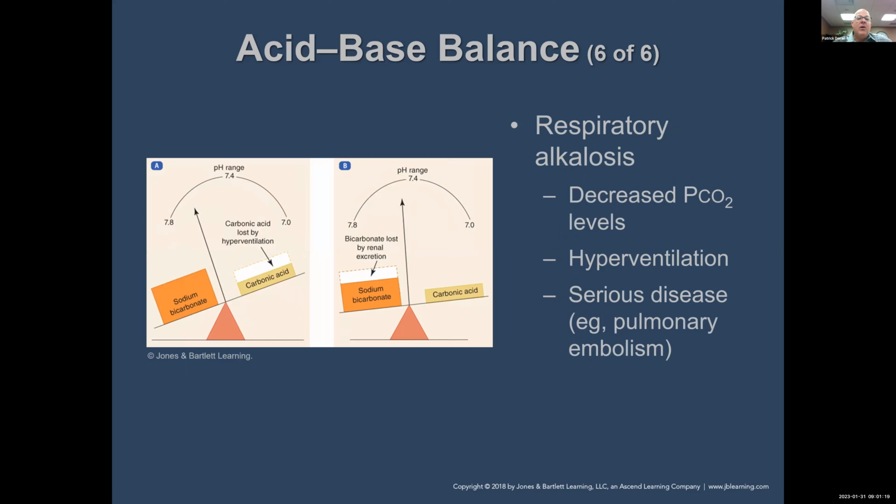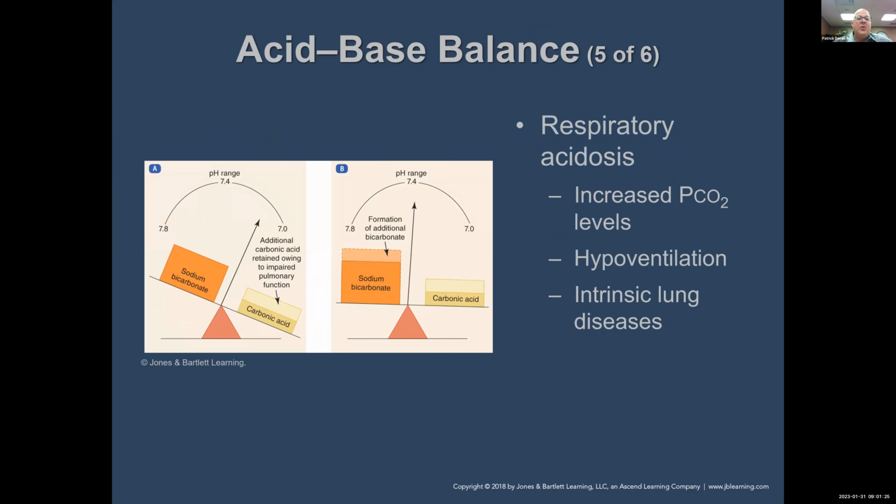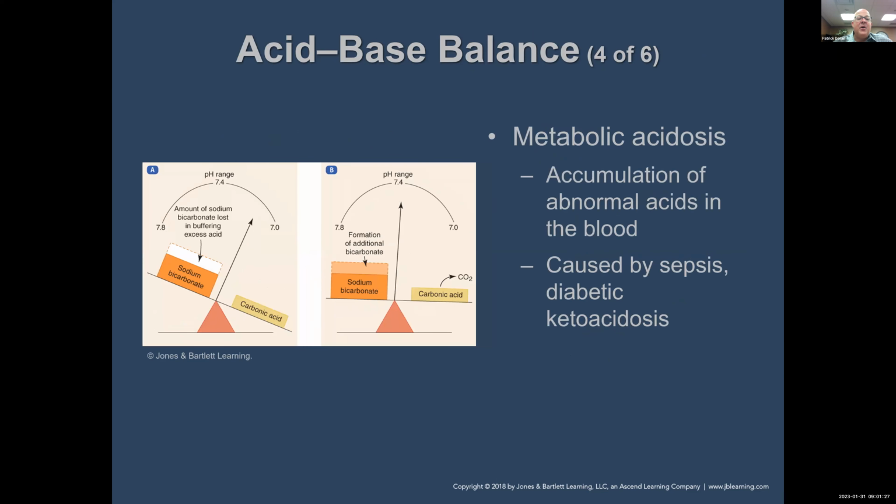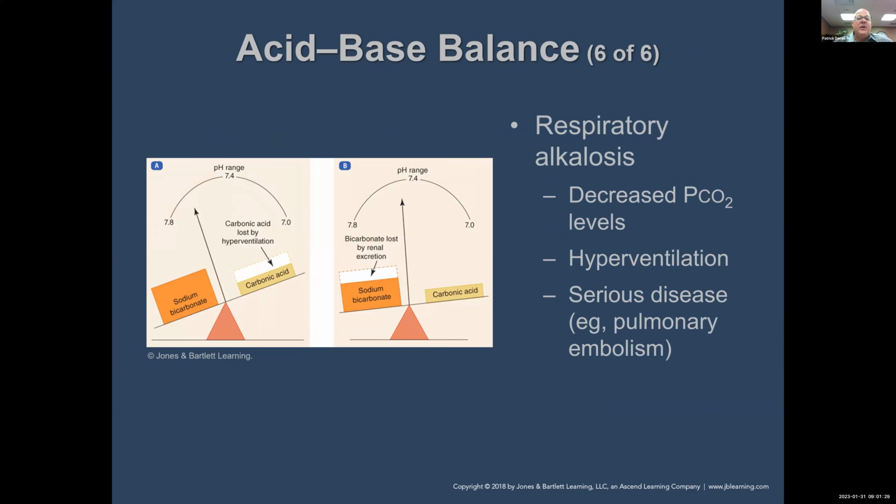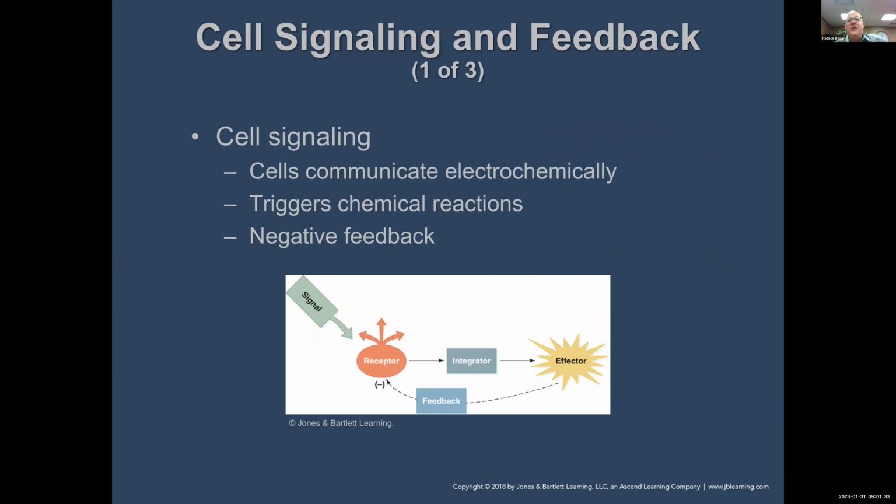And those are the respiratory alkalosis, respiratory acidosis, metabolic acidosis, and you can also get metabolic alkalosis, and that could be caused by diarrhea.